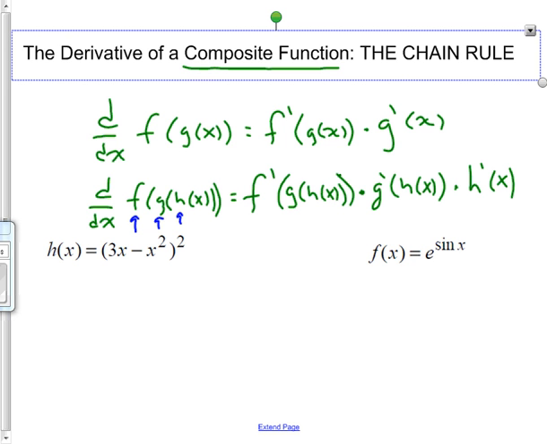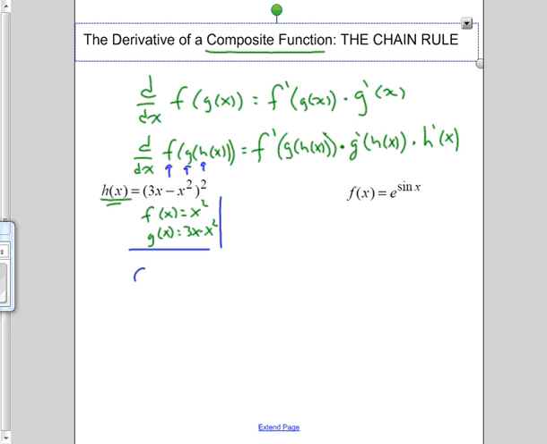So let's go through how h of x works. We said the outer function f of x is x squared. The inner function g of x is 3x minus x squared. Then we can find f prime of x, which is 2x, and g prime of x, which is 3 minus 2x.